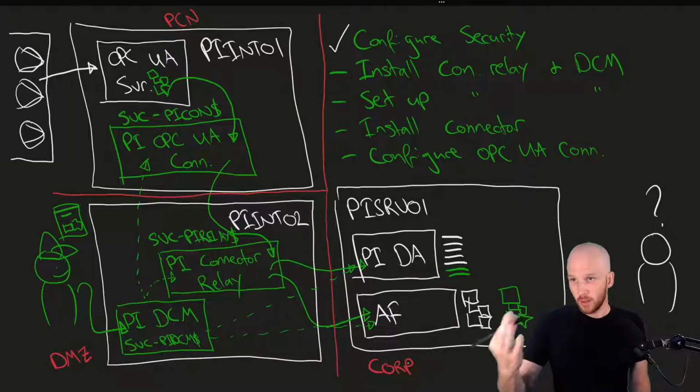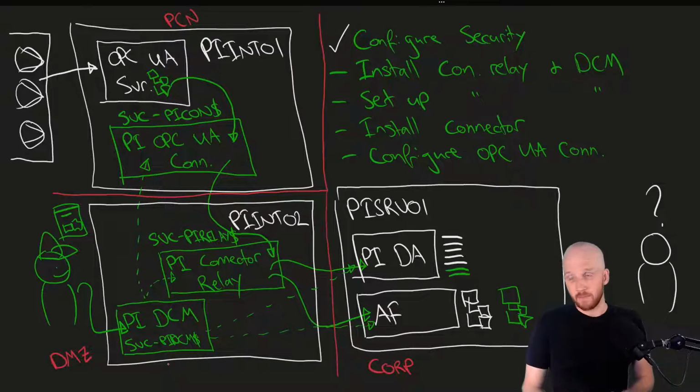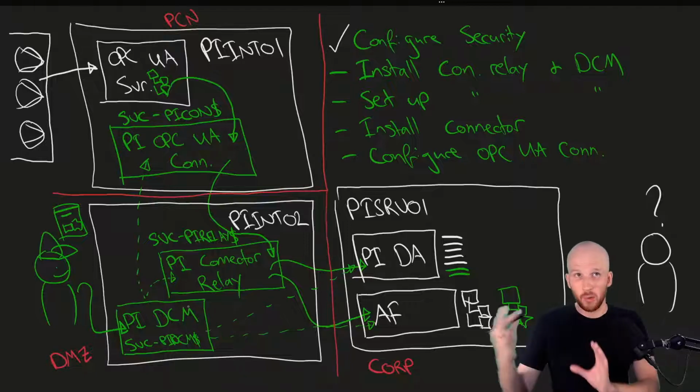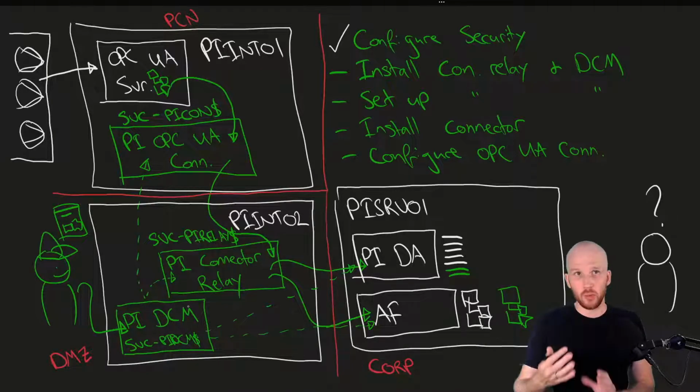Having the relay in between lets you only flow data in one direction, and gives you flexibility on where you want to install the DCM and the management software. So generally you'll have maybe even just one DCM for all your connectors, depending on how your networks work out, but it's really up to you on how many of these you install and where.